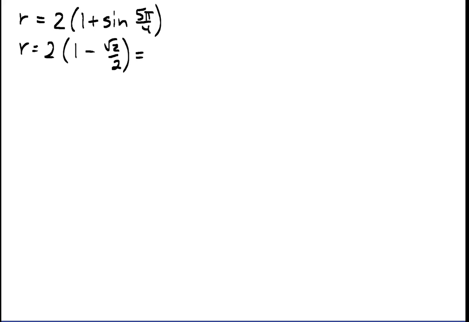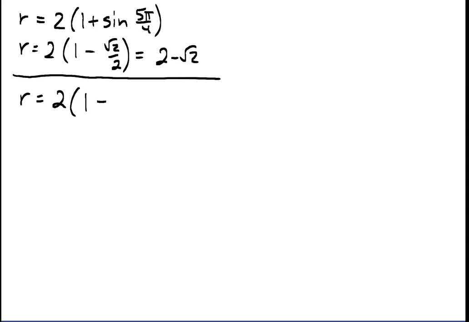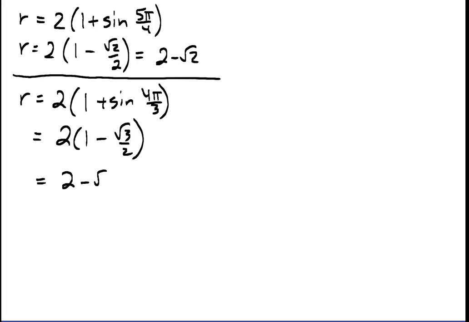Multiplying the 2 into it would give us a 2 minus root 2. All right, the next one is 4 pi over 3. So sine of 4 pi over 3. That is going to be a negative, I know that, root 3 over 2 this time. Multiplying the 2 in gives us 2 minus root 3.